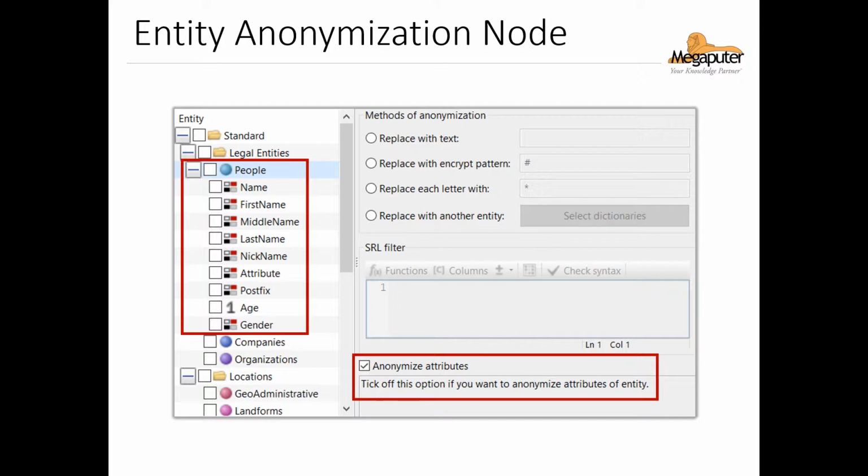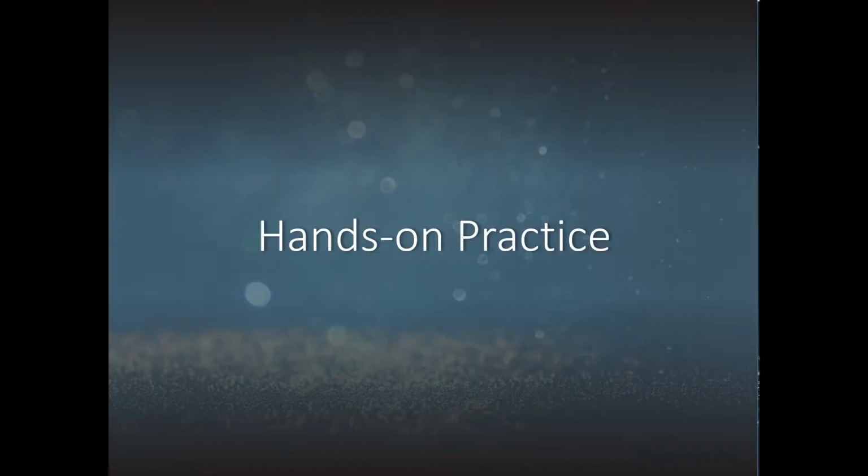Now, if we only want to anonymize the first and last name and not the attribute officer, we'll choose to anonymize attributes and anonymize just the first name and last name attributes, but not the entire entity. So let's now move on to a hands-on exercise where we'll practice anonymizing some data.